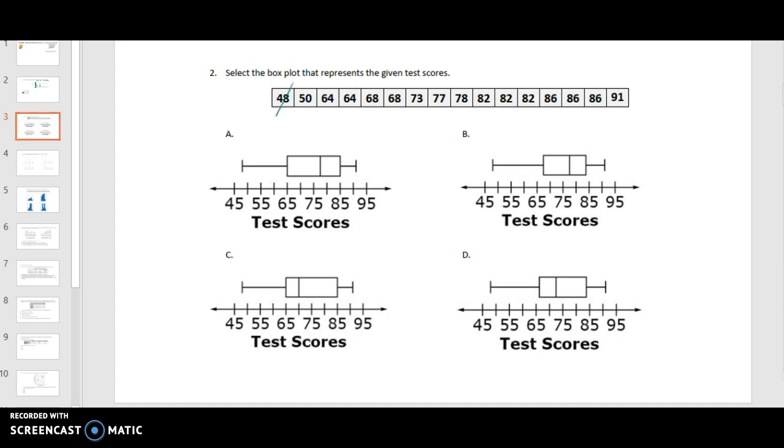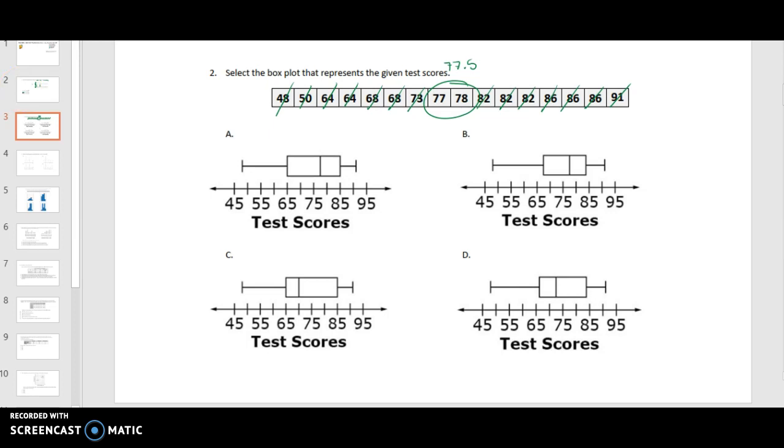So let's find our median. When we have two middle numbers, you add them up and divide by 2. Or we can just find the exact middle between 77 and 78, which is 77.5.